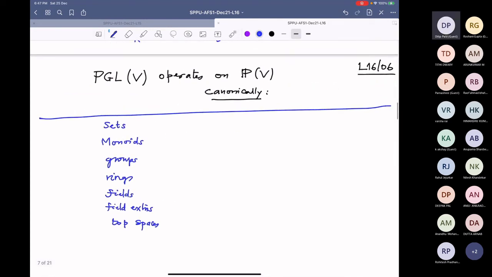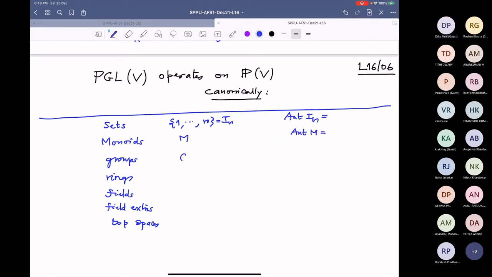Now suppose I have an object here, a set. A typical set is a set with n elements, 1 to n. What is the automorphism group of this? Let me call this I_n. What is the automorphism group of this I_n? Then monoids, M. What is the automorphism group of a monoid M?